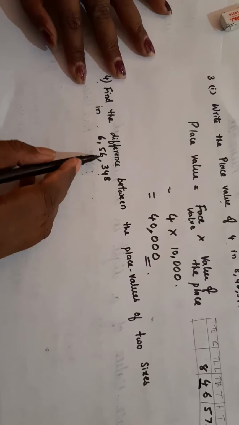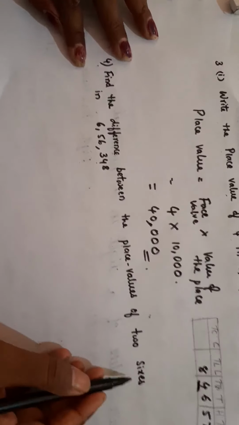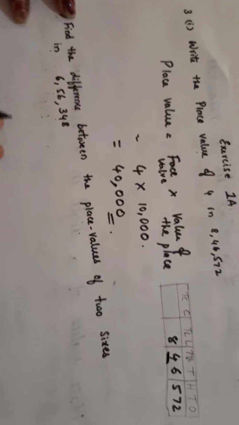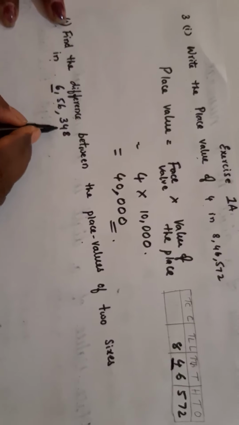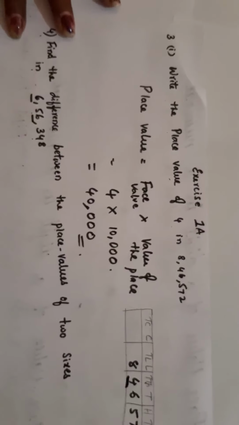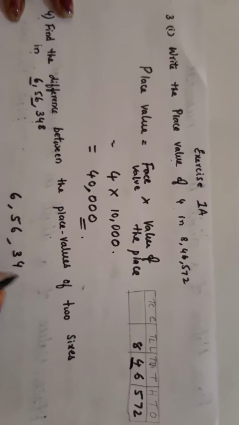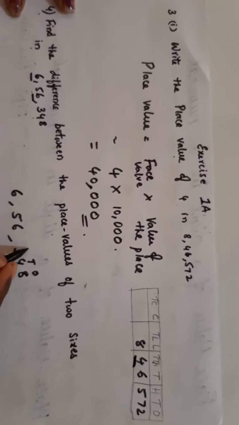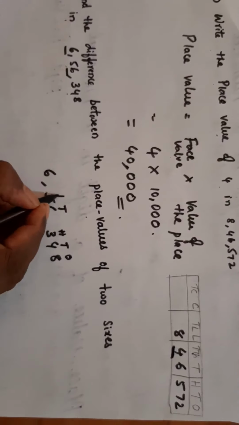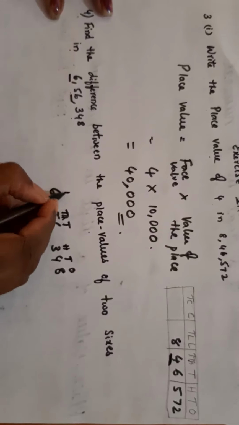Next, find the difference between the place values of the 2 sixes in this number. Here 2 sixes are there. First we will write the numeral: ones, tens, hundreds, thousand, 10,000, lakhs.